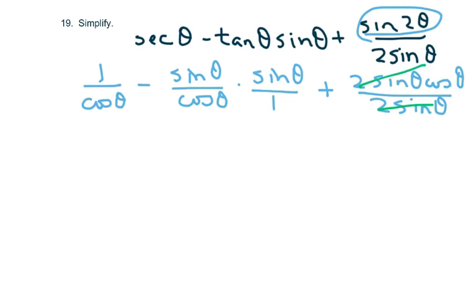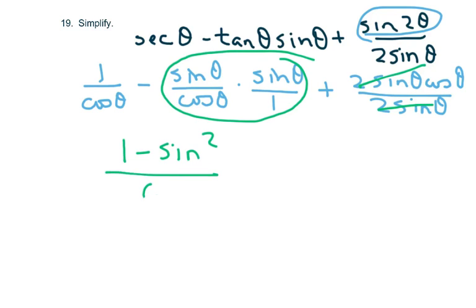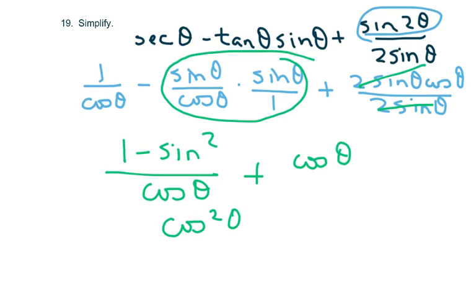So I get my common denominator. This is going to be 1 minus sine squared over cosine of theta plus cosine of theta. So 1 minus sine squared is cosine squared of theta, over cosine of theta, plus cosine of theta.